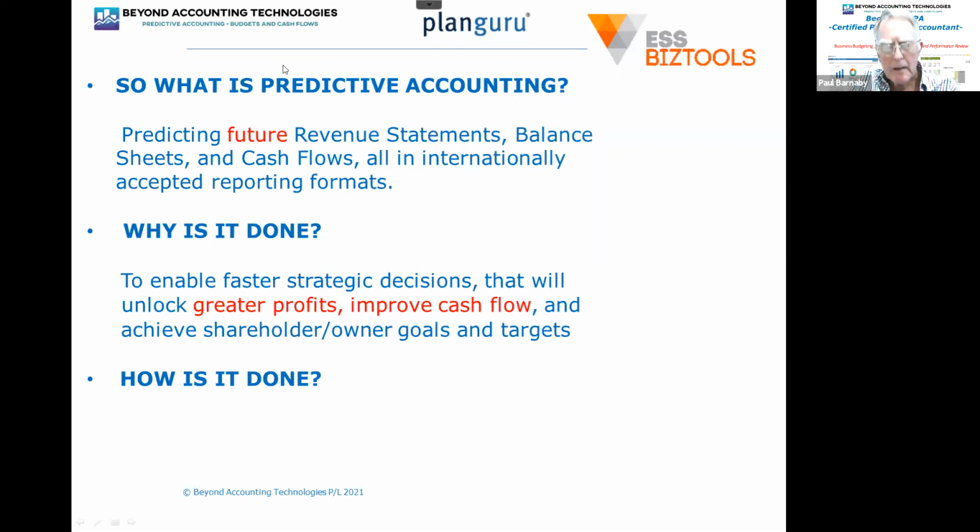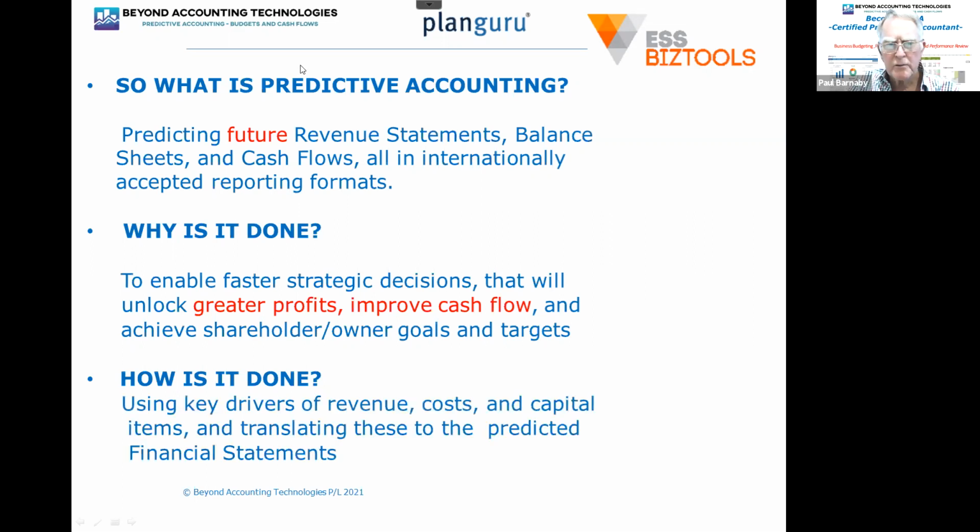How's it done? Well, it's not easy, as many of you will have found if you've tried, but the key part of it is looking at the key drivers of revenue, costs, and of course, capital items, and translating those to predicted financial statements.